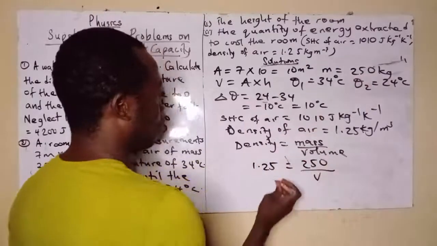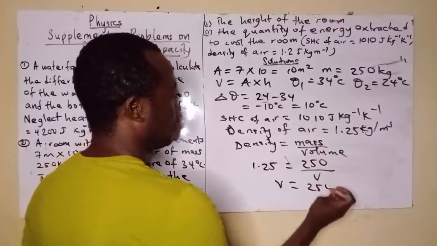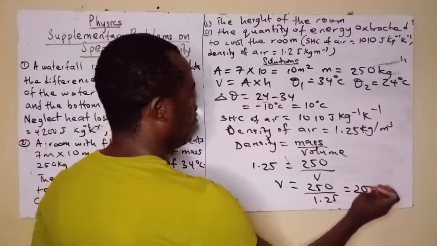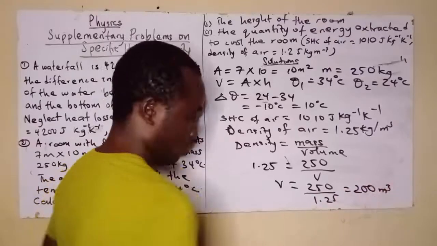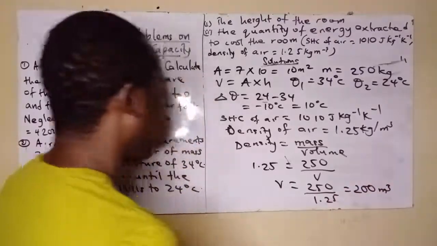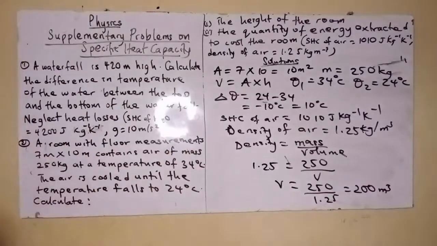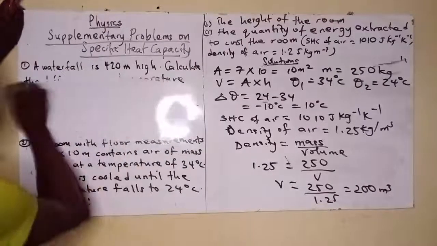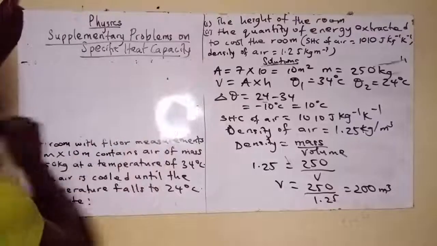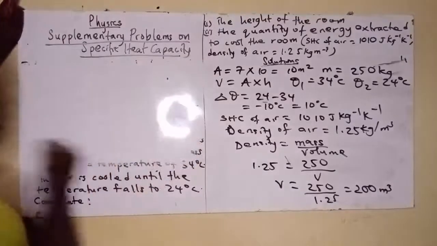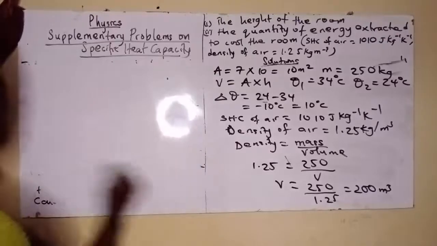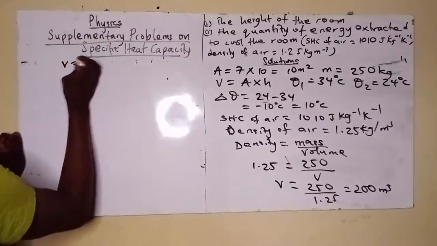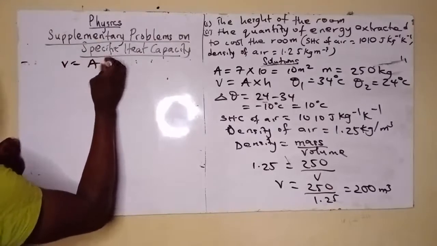I don't know the volume, but I can say 250 divided by 1.25, and that will be 200 meters cubed. If I want to know the height, as I said earlier, volume is area times height.